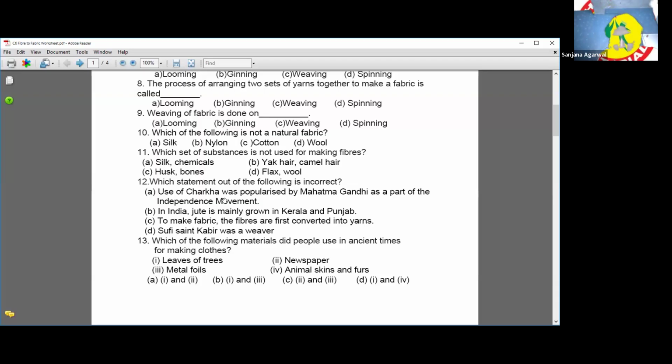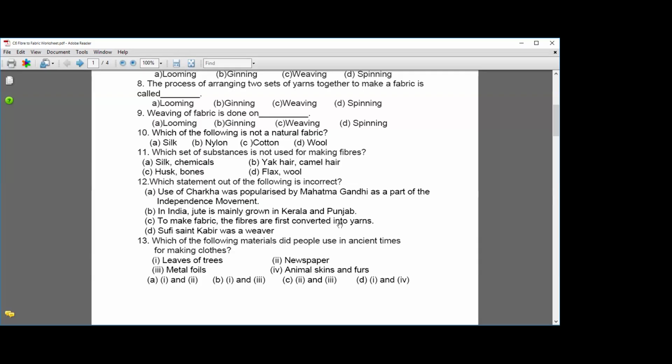Use of charcoal, yes, correct. So, in which parts is jute grown? If not Kerala and Punjab, you have to tell this. Nishika, in twelfth, except B, all are correct. So, B will be the answer here. Incorrect, okay?